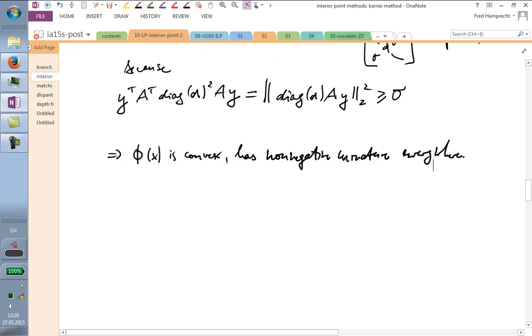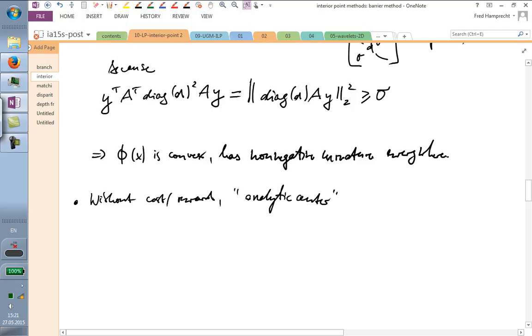Okay. Now we will try and let our probe charge go to the minimum of this potential. And if we disregard the cost or the reward in the objective function for the moment, then we can compute what is called the Analytic Center. Which is characterized by having a 0 gradient.